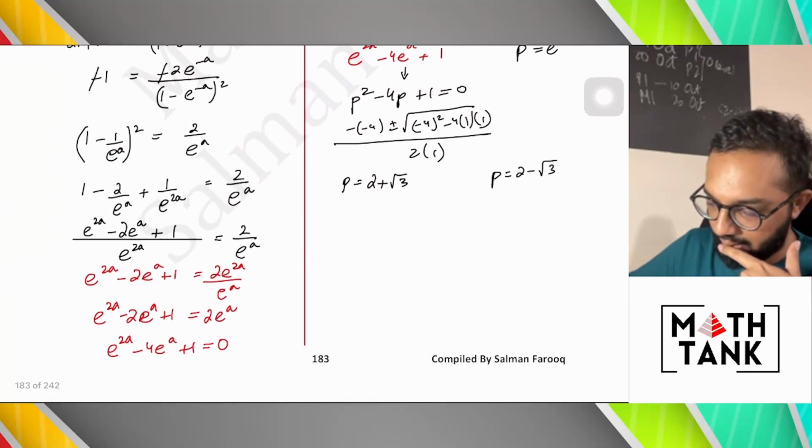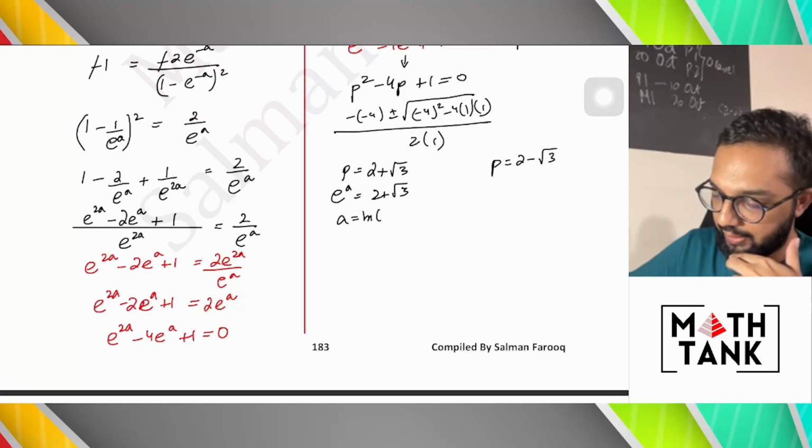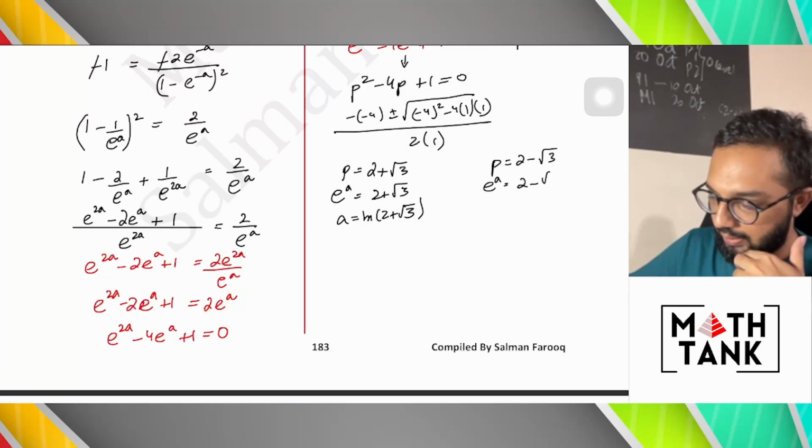Then this has to be e power a. So this becomes a equals ln of 2 plus root 3, and a equals ln of 2 minus root 3.